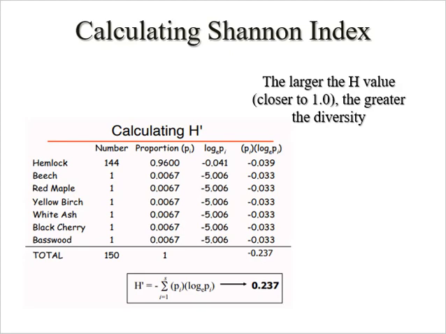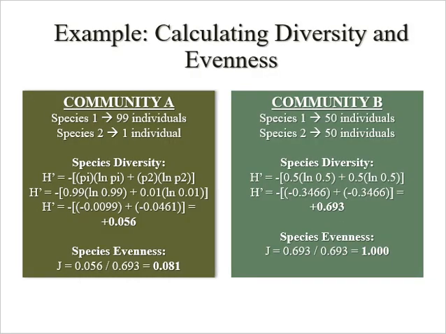So again, if you have a high value, you're going to have an indication that the community you're evaluating has a high level of species diversity. If you're looking at just one community, that index value has little to no substance or importance. It's really of importance when you're comparing between communities.